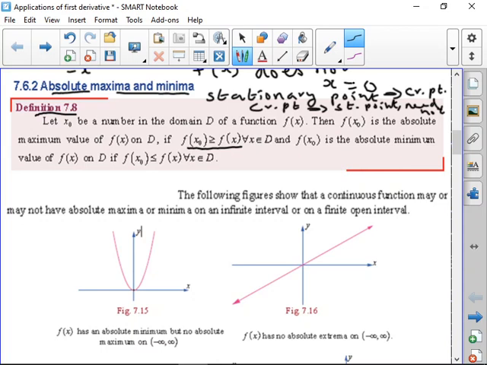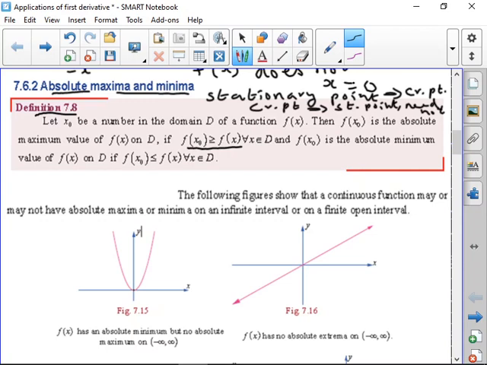Domain is nothing but an interval. We can take I or D. So I represents an interval. And f of x naught is the absolute minimum value of f of x on D if f of x naught is less than or equal to f of x.